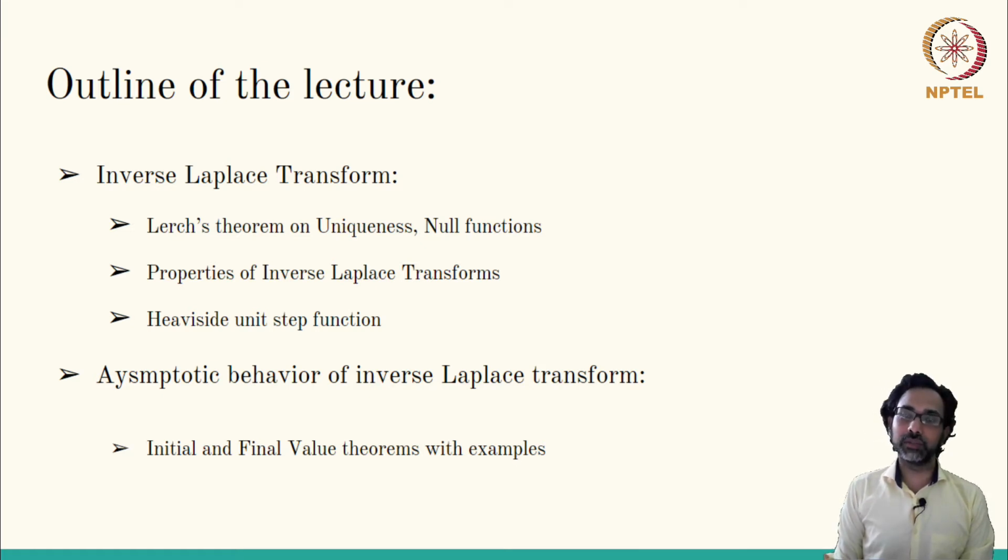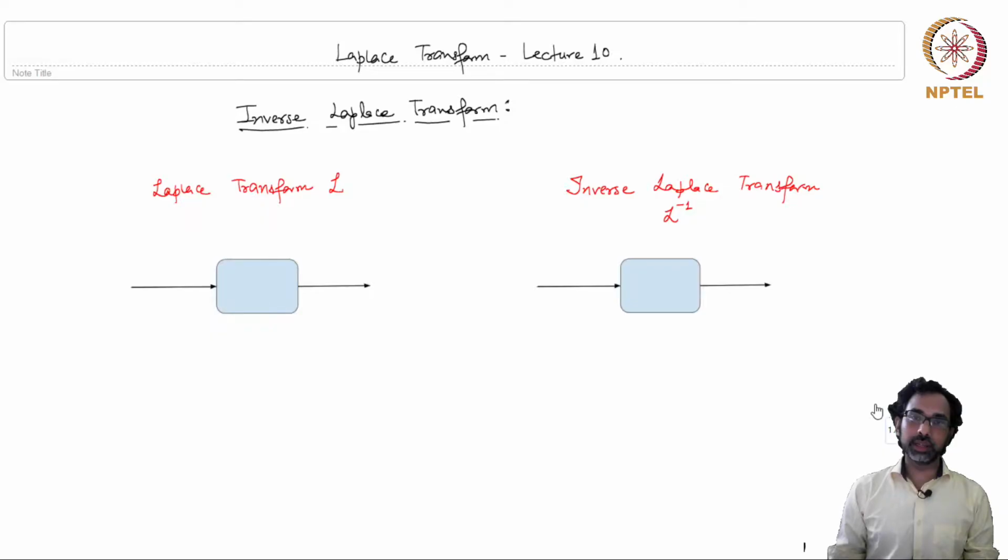So these are initial and final value theorems, which are also quite helpful in finding solutions of ordinary differential equations, and we will see where these theorems fail with some examples as well. And so we will cover all these topics in this lecture, which introduce us to the basic properties of the inverse Laplace transform. Let's begin with the definition of an inverse Laplace transform.